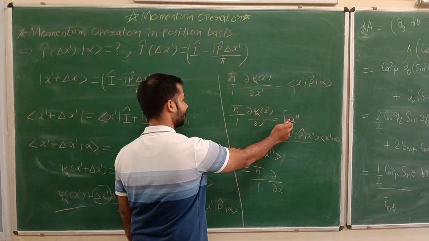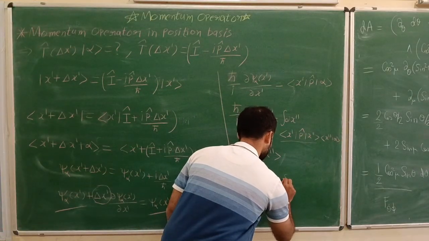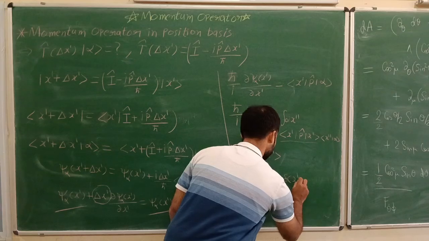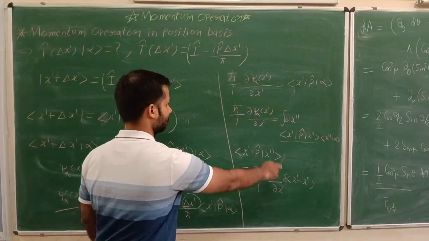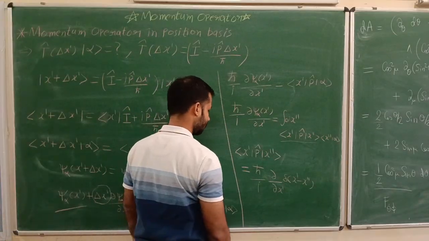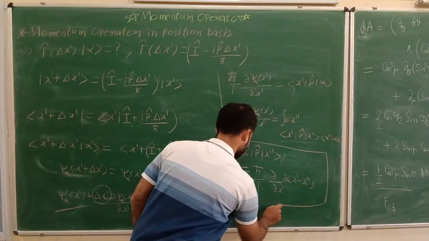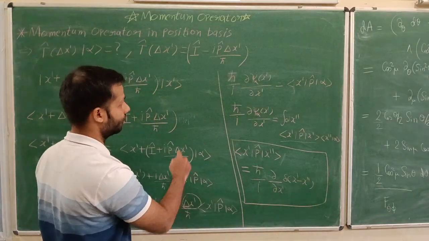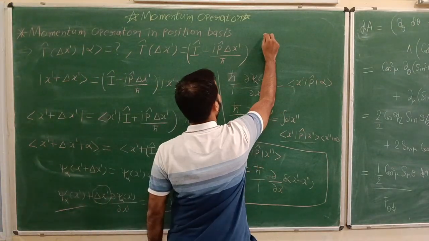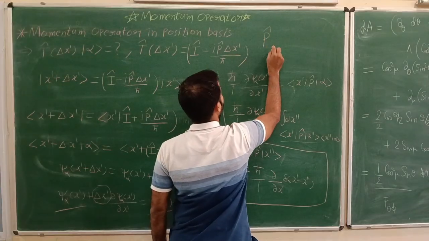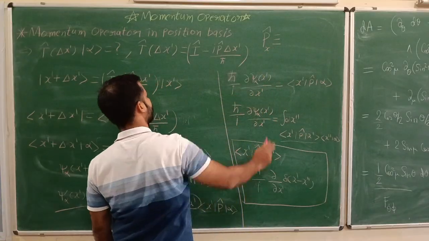But we still have an integral which should vanish. No, that has to be the Dirac delta function, which when executed this integral will vanish, and this is your momentum operator in position basis, as we have known in many texts.